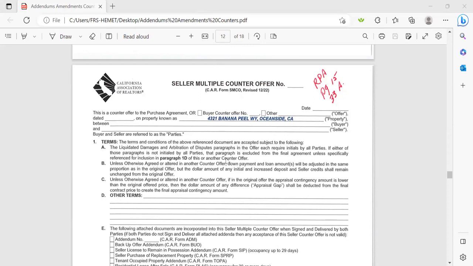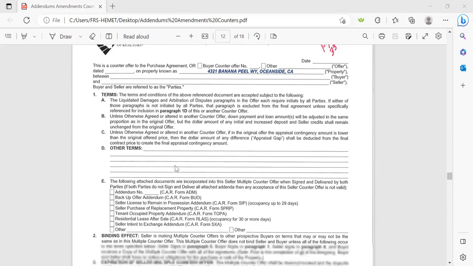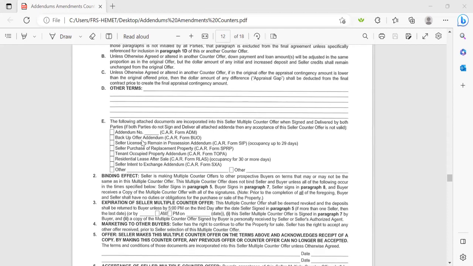And this is just saying that all of the things that are the same are within the agreement. Some of these things, same thing, they might have to be added or not. Seller is making multiple counter offers to offer prospective buyers on terms that may or may not be the same. Oh, I think I've heard that before.